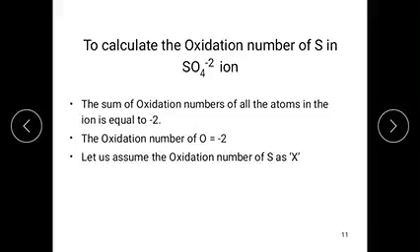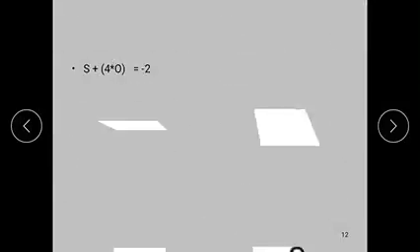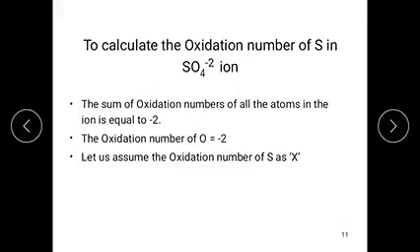Let us assume the oxidation number of sulfur as X. Then, as per the rule, the sum of the oxidation numbers of all the atoms in an ion is equal to its charge.